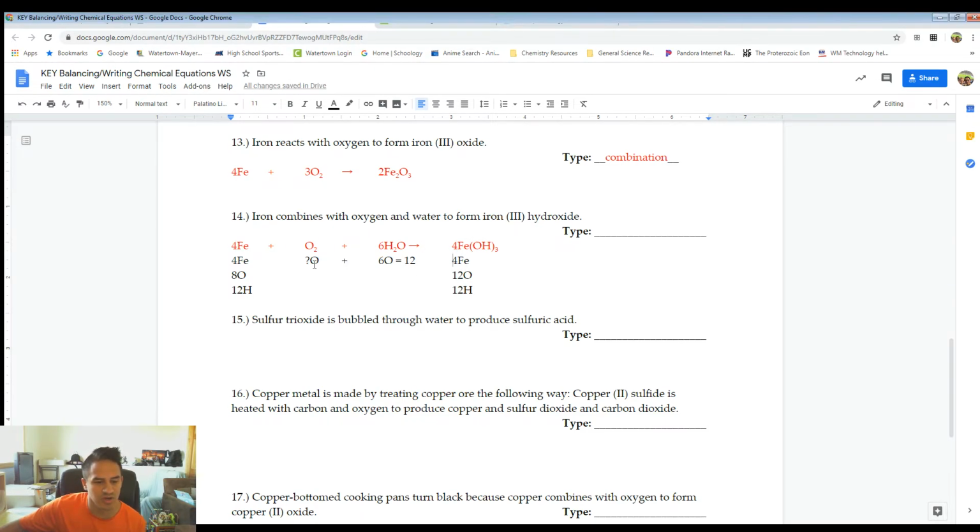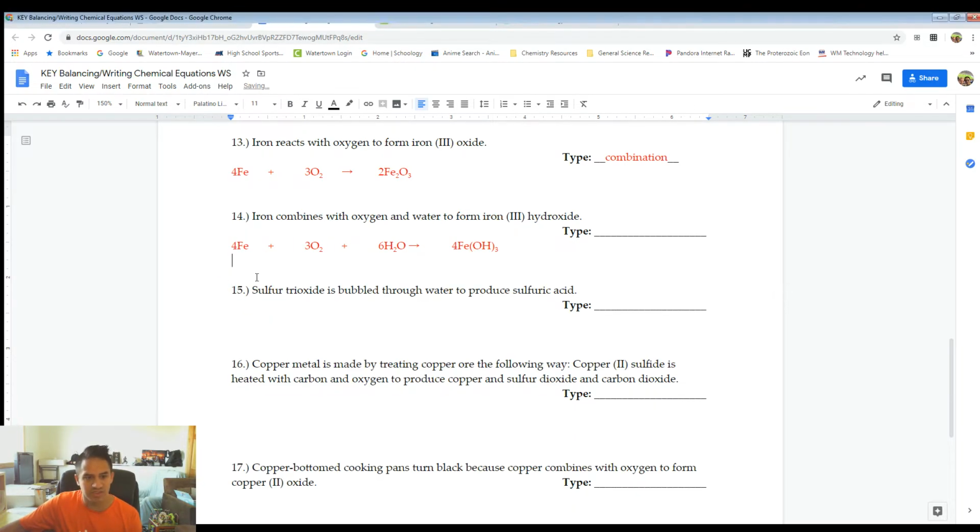So question mark plus 6 equals 12. This needs to be a 6. Currently we only have 2. So to make this a 6, we're going to have to put a 3 there. 3 times 2 gives us 6. Plus these 6, that gives us 12. That balances up to 12 on the right.